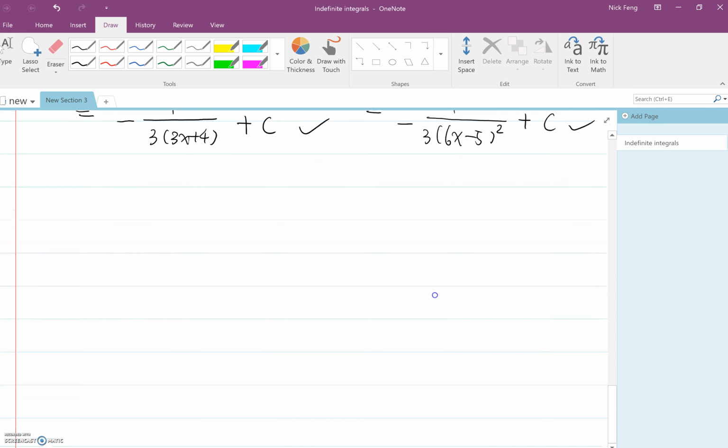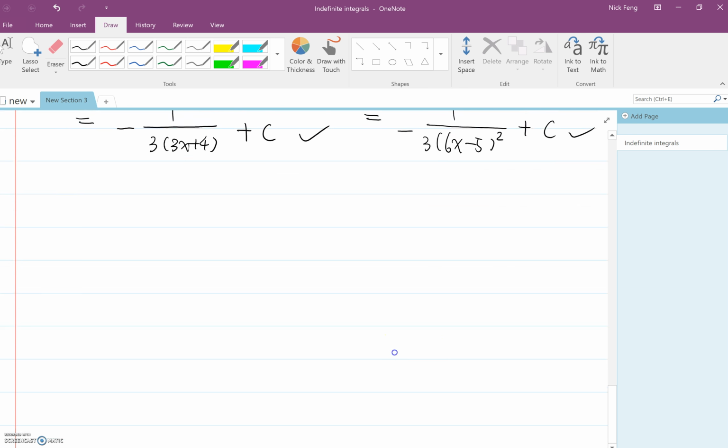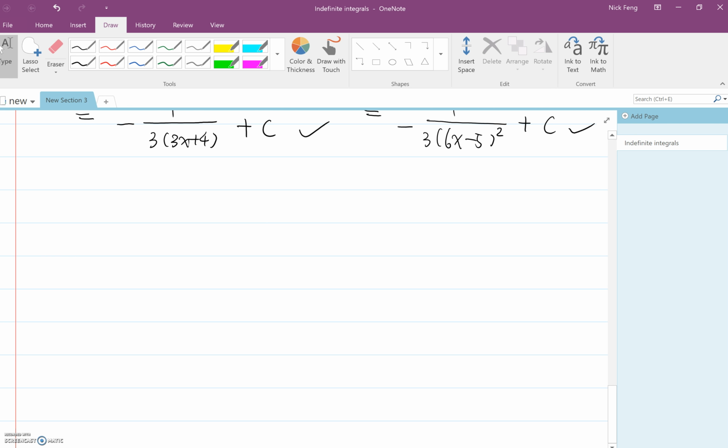Let's take a look at some advanced question as well. So what happens if I have a question which is x cubed plus 4 to the power of 2?